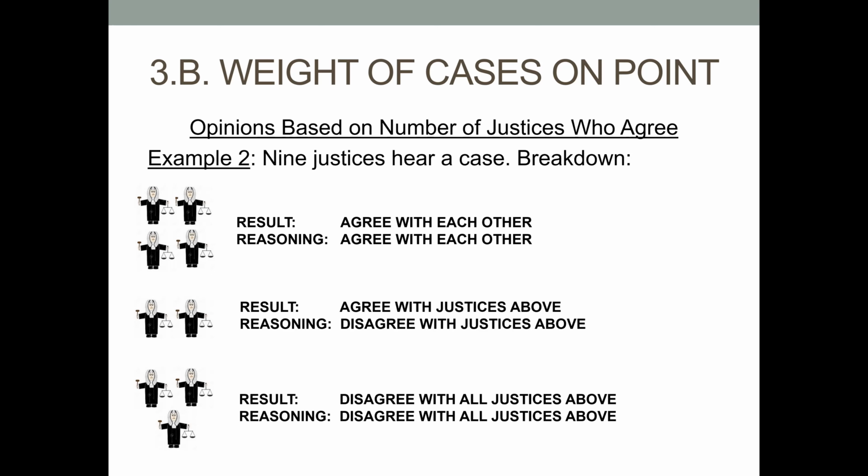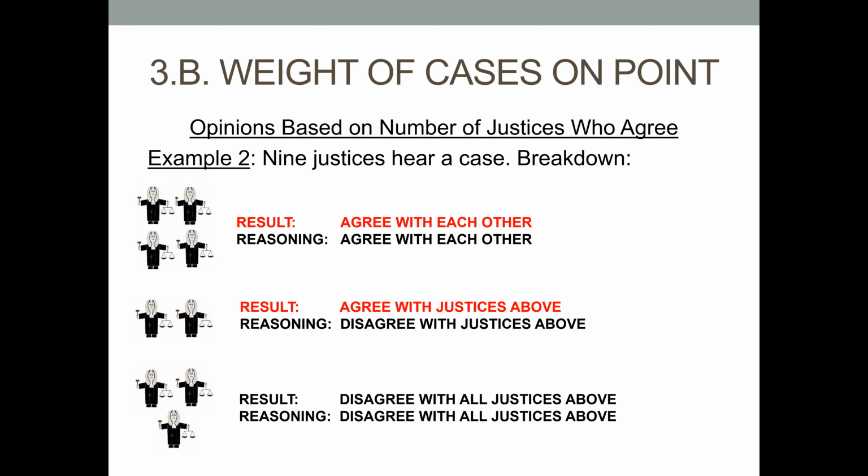All right. Notice here, though, we don't have a majority of justices agreeing on both the result and the reasoning. What we do have, though, is six of the justices agreeing on the result. The first four and the second two all agree with each other on what the result should be, such as affirming the lower court's judgment. So that's what will happen.